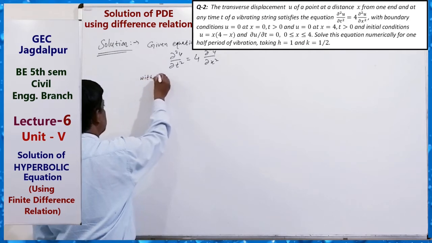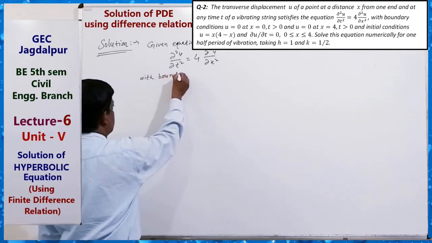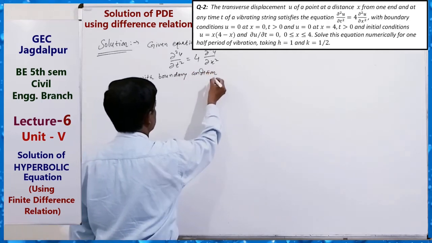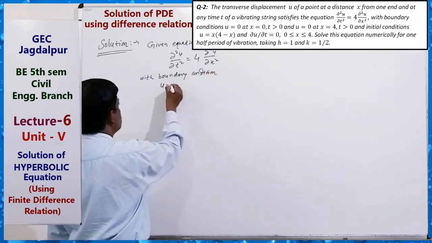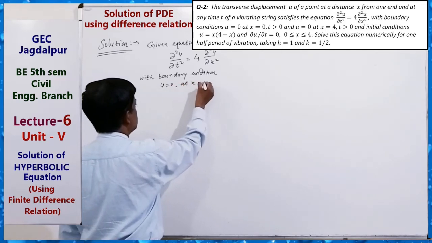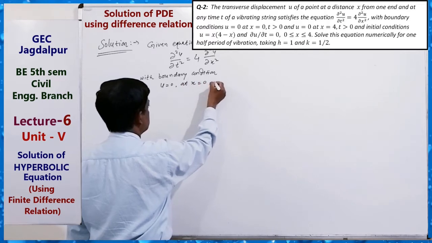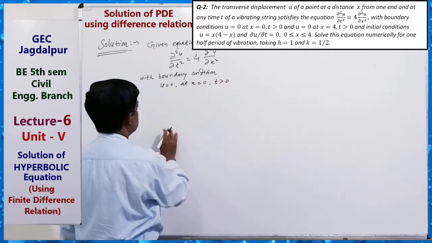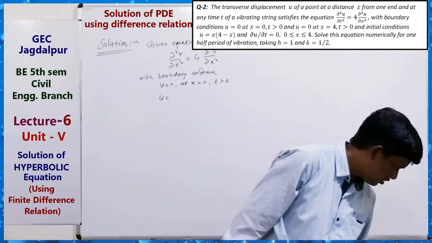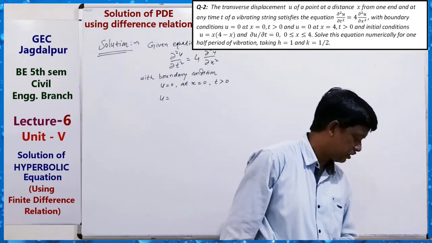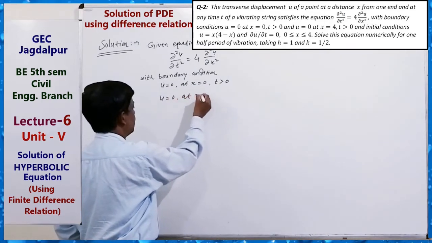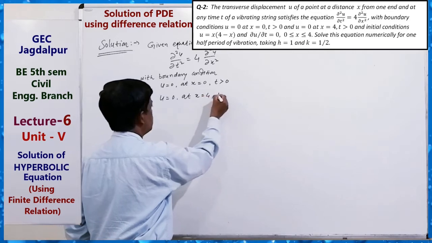Okay, and the boundary conditions: here u equals 0 at x equals 0, t greater than 0, and u also 0 at x equals to 4, t greater than 0.